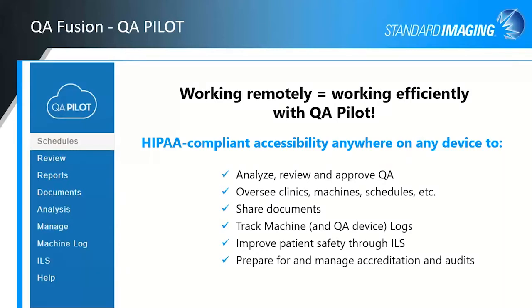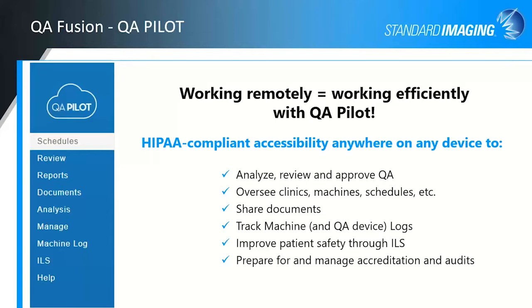So these days, I'm sure a lot of you are still working mostly remotely, going in after hours or only when there are a limited number of people in the clinics. That means that you have to have an extra emphasis on how you remain efficient in doing that. And by being a web application that's available to you wherever you have web, you can analyze, review, and approve your QA. You can see what's going on with the clinics, machines, the QA schedules.